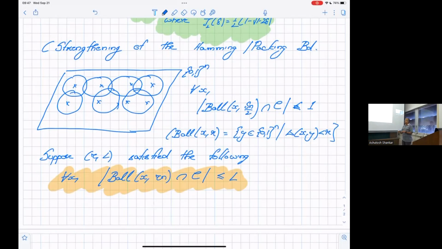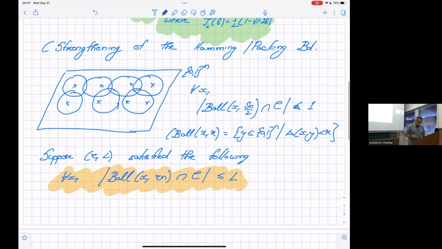If it's at least L plus 1, take that point and look at this assumption. For that point x, there are more than L plus 1 code words in the radius. So this assumption will be violated if this condition were true.